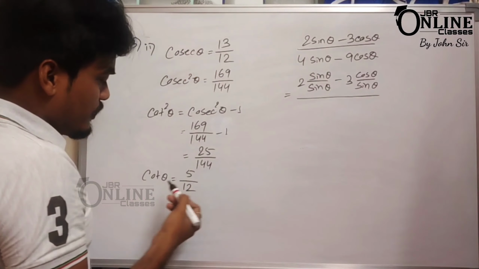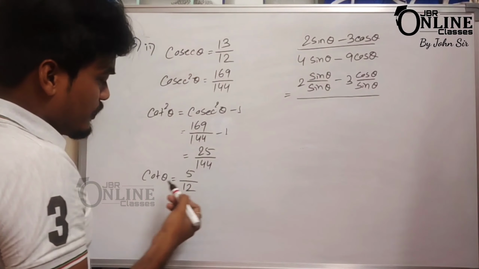So here also 4 sin theta by sin theta, and here 9 cos theta by sin theta. So just write down here dividing by sin theta in both numerator and denominator. So here sin cancels out, then it will be 2 minus 3 cot theta, and here 4 minus 9 cot theta.